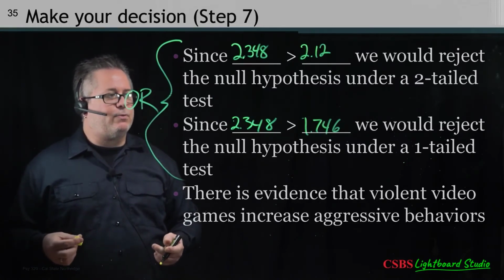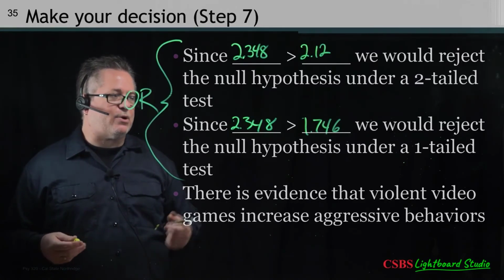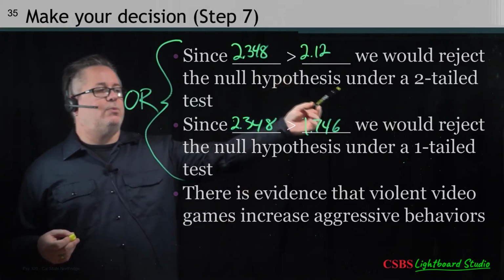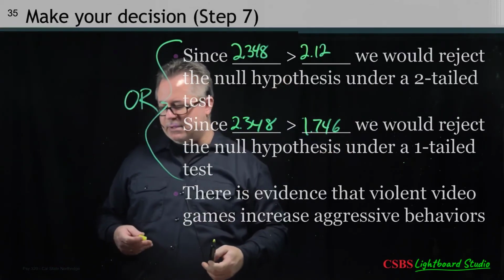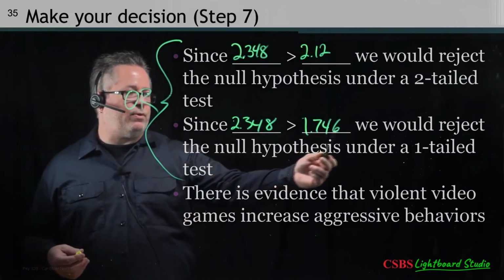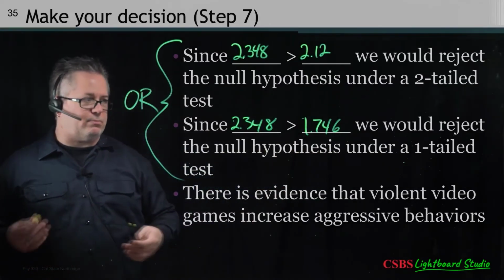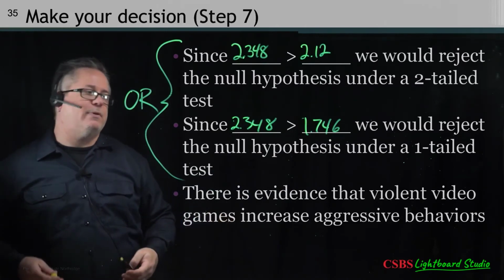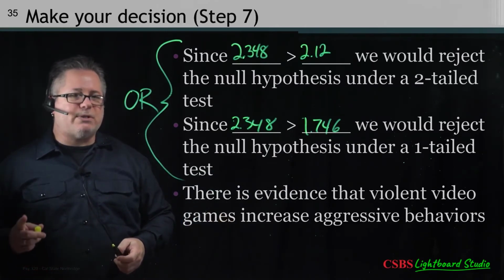Since 2.348, which is our T observed value, is larger than 2.12, we would reject the null hypothesis using a two-tailed test. Since 2.348 is larger than 1.746, we would also reject the null hypothesis under a one-tailed test.